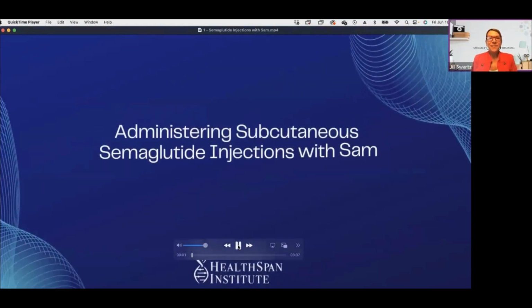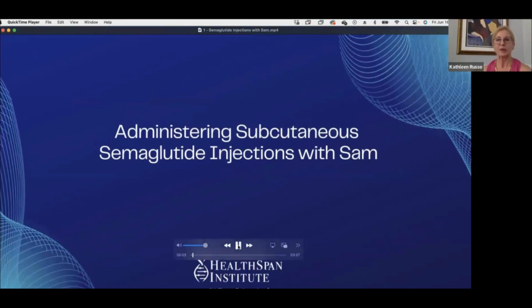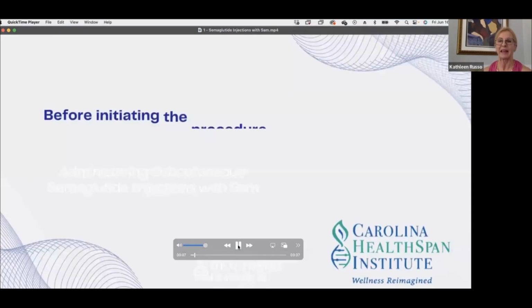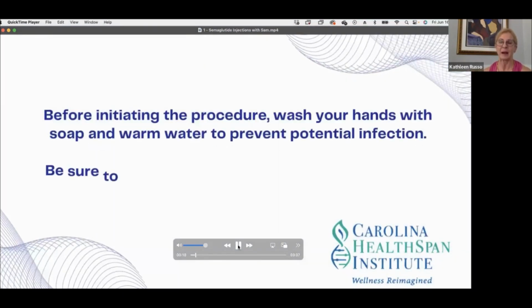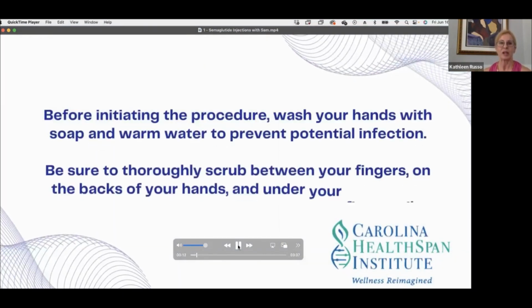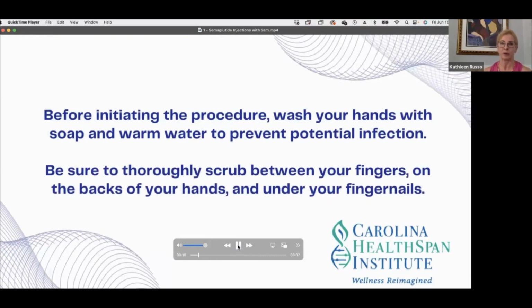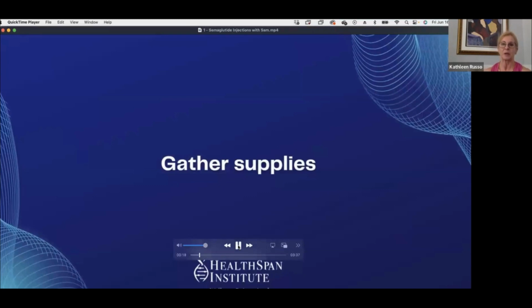Okay. So administering a subcutaneous injection. In this particular video, you're going to see Samantha, and she's going to be doing a semaglutide injection. Before you start the process, you want to have good hygiene, washing your hands with soap and water.